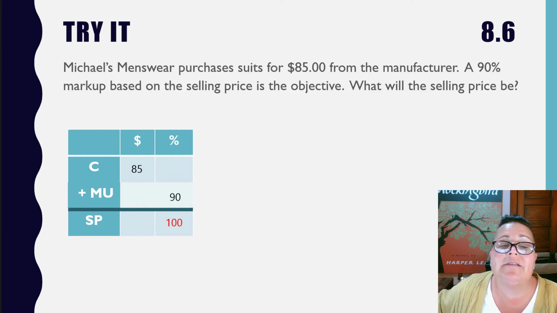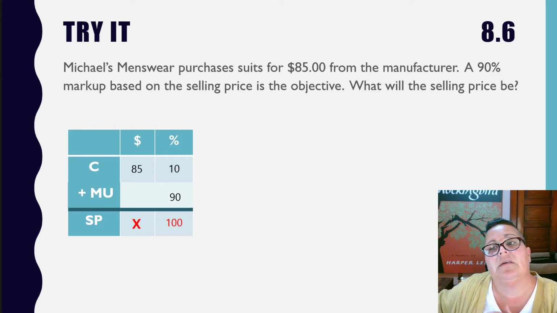Now, the cost plus the markup has to equal 100%. So I have the 90. I know the cost percent then had to be 10%, because what plus 90 is going to equal 100? I'm supposed to find the selling price. What will the selling price be? So the selling price is my X or unknown.